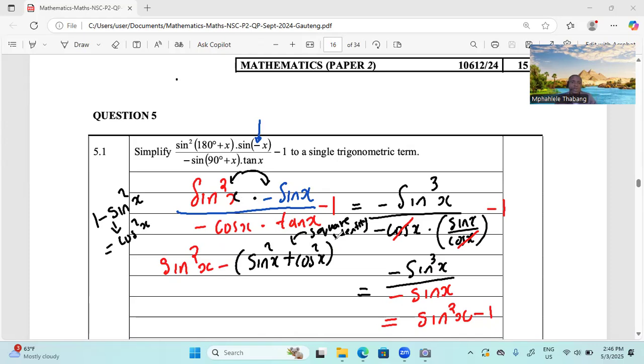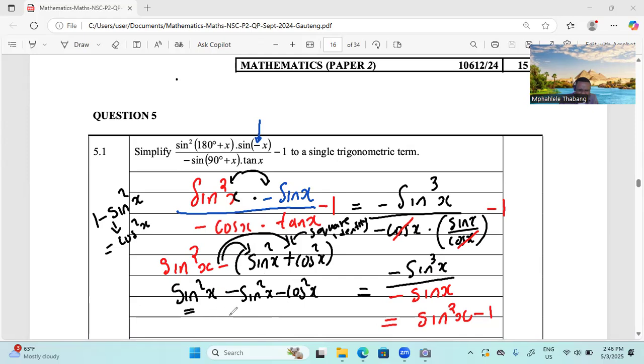So most of the time, when you see sine squared x plus cos squared x, you can say it's 1. So in this case, I'm substituting 1 with sine squared x plus cos squared x. So now my problem becomes sine squared x, negative times sine squared x, negative sine squared x, negative times cos squared x, negative cos squared x.